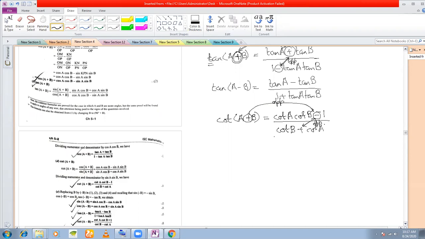This is the way you remember the formula for cot.